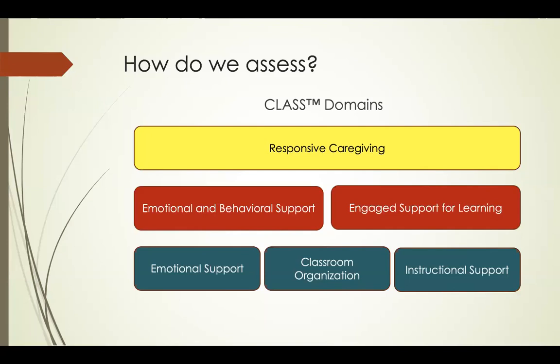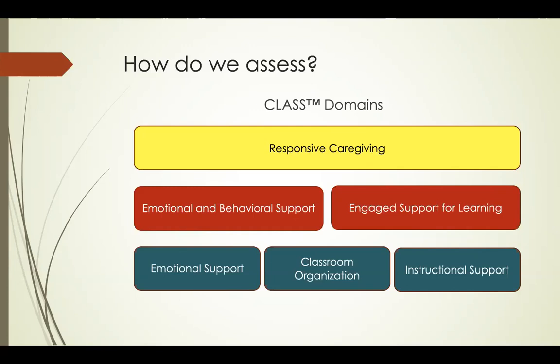The other age group is broken down a little further with emotional behavior support and engaged support for learning. So you can look at this as the developmental needs becoming a little bit more specific, so that you can actually separate them out. Another age group, you can separate it out even more with emotional support, classroom organization, instructional support.